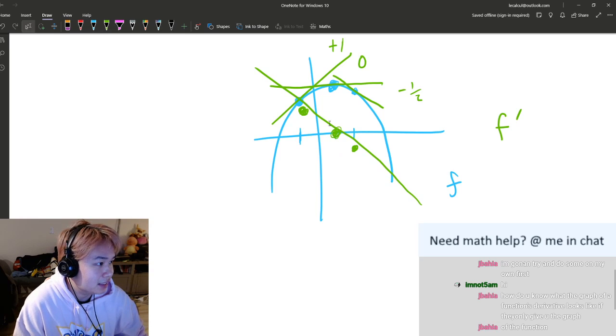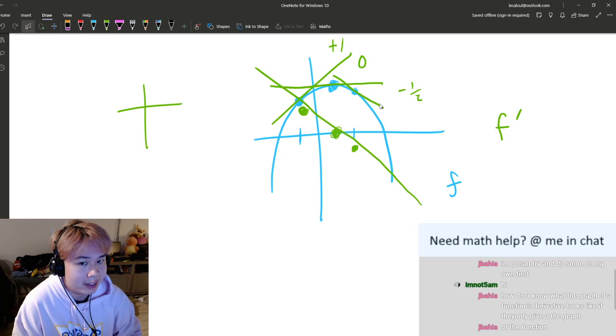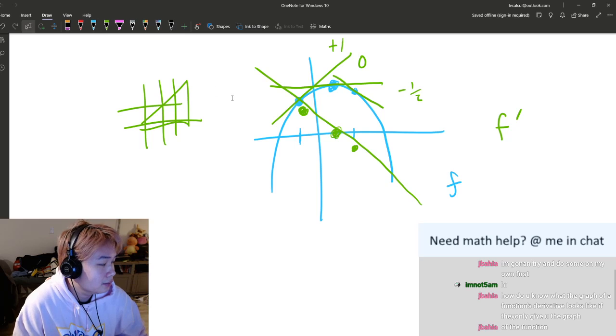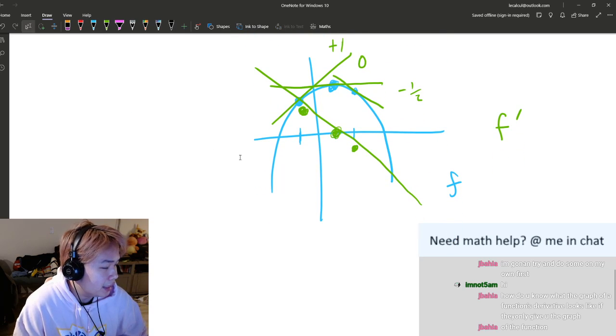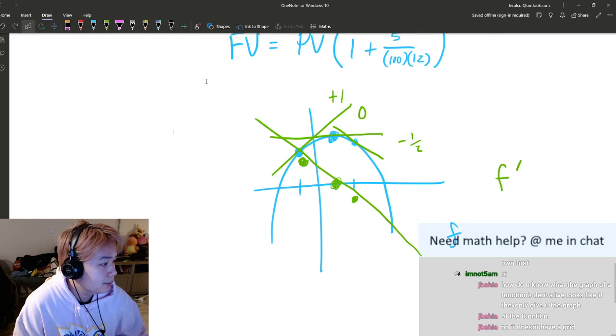So your graph is this line. But again, if you have specifics, you can actually calculate slopes because maybe they gave you a graph and it has a proper grid, so you can calculate the rise and the run.